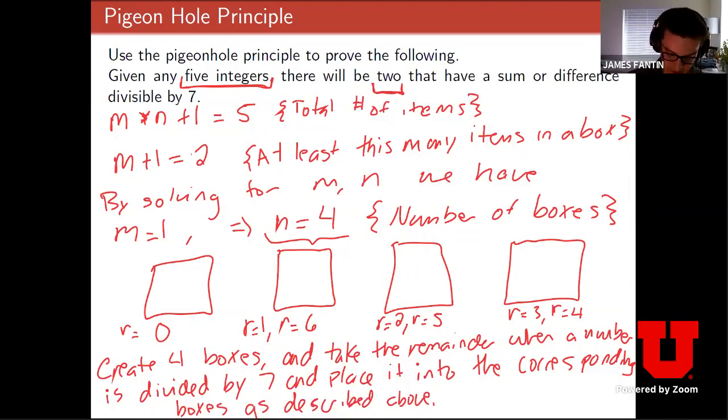We can write this out more formally, but we're running out of space. The idea is, take whatever remainder, and if it's 0, you place it in this box. If it's 1 or 6, you place it in this box, etc. This box or this box.